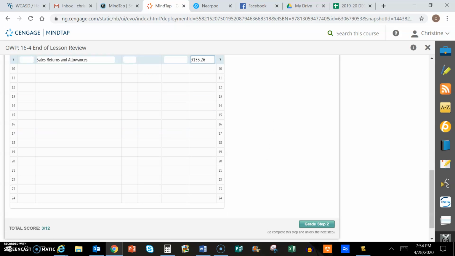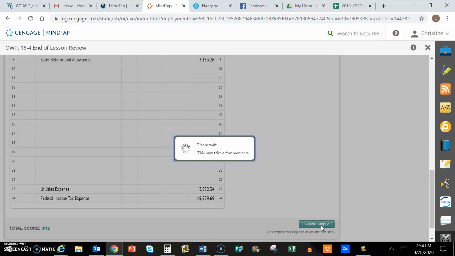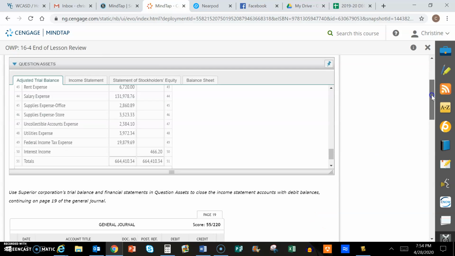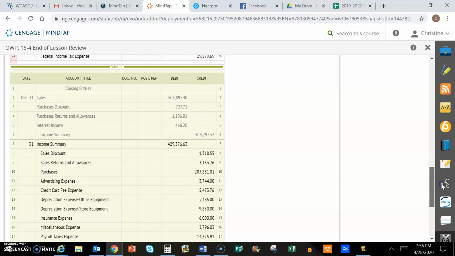Like I said, I'm just going to scroll ahead and do these last few. Obviously, I'm going to get them all wrong, but that's okay. You get the point of what we're trying to do here. We're just trying to close all these out so they have a zero balance when we post them to the ledger.